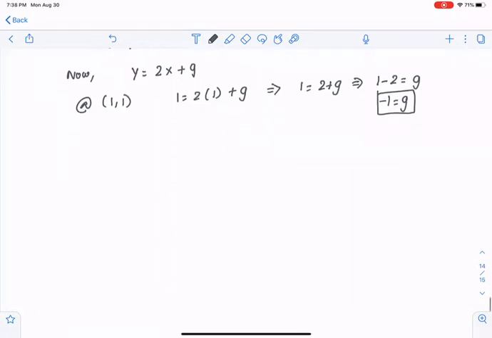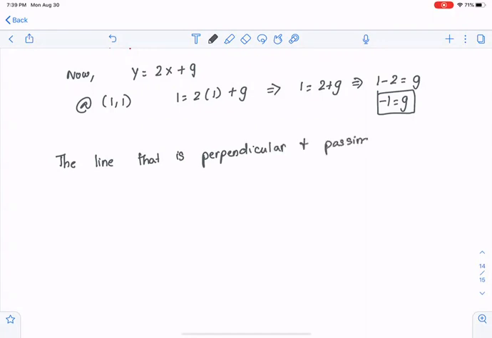So the line that is perpendicular and passing through 1, 1 is y equals dx plus g.